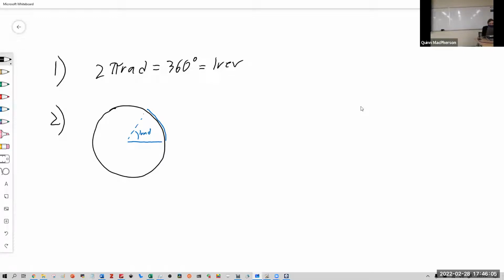If you call this distance x and this distance r, then theta, if theta is measured in radians, doesn't work in degrees or revolutions, but if you're working in radians, and this is why radians are a really convenient unit in physics, theta is equal to the distance around over the radius, just by the definition of what a radian is.